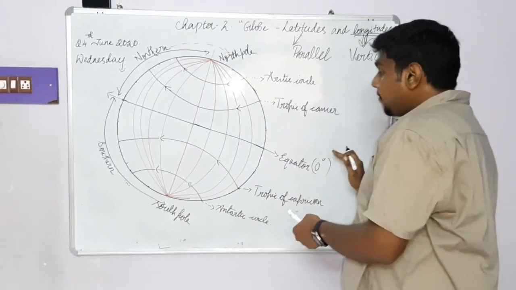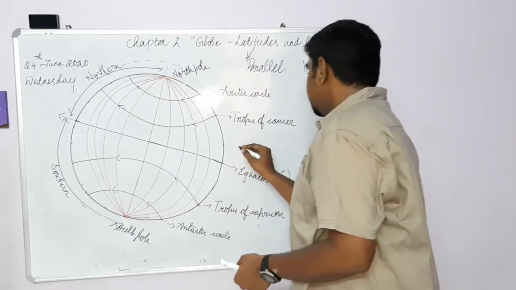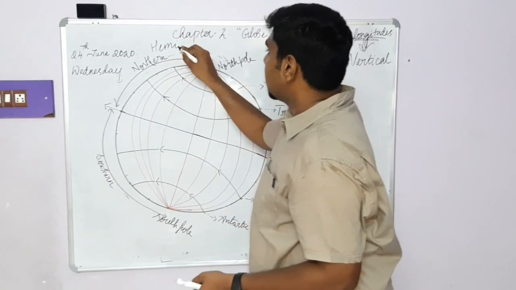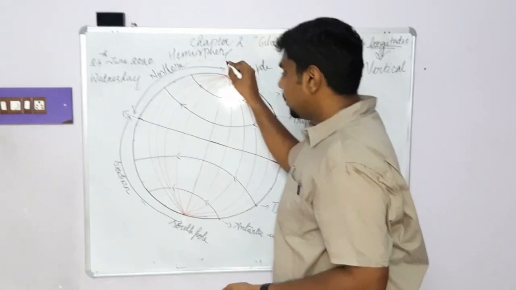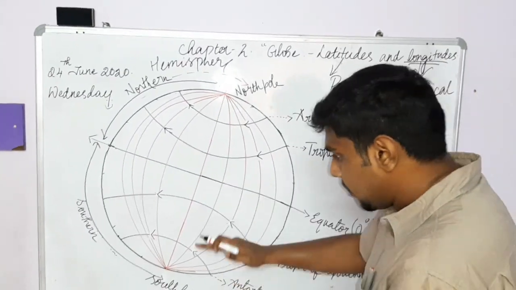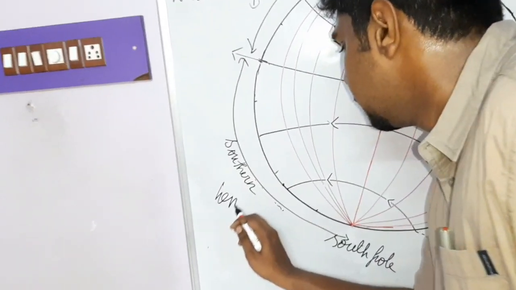Likewise, the equator divides the earth into two hemispheres. The upper part, at the north, is called the northern hemisphere, and the part below the equator is called the southern hemisphere.